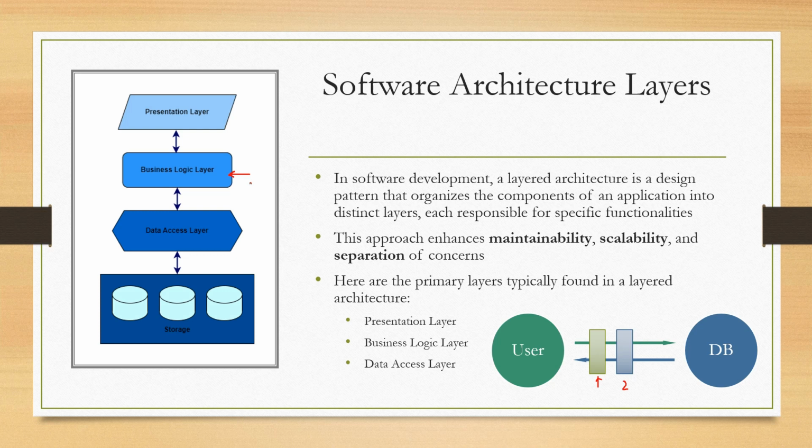The business rules can be anything, such as data validations or some business processes. For example, in banking there is verification and authentication, and all of this is under the business logic layer.